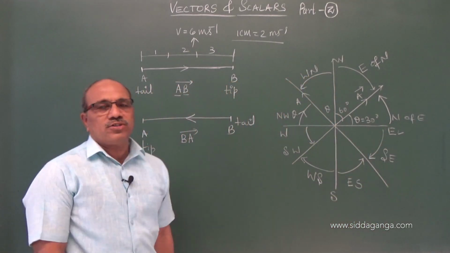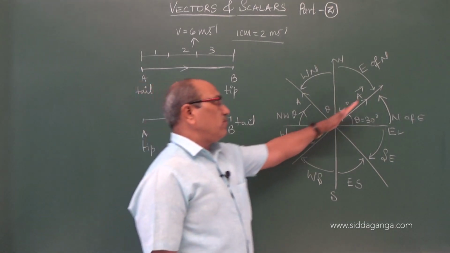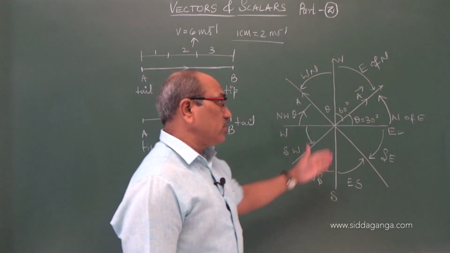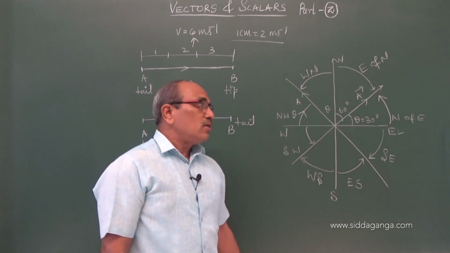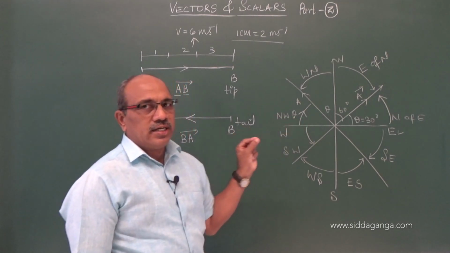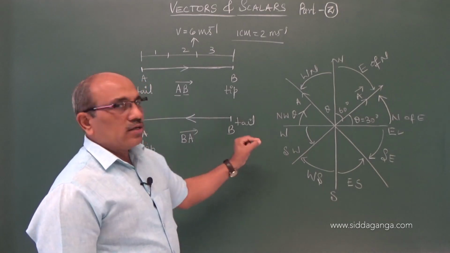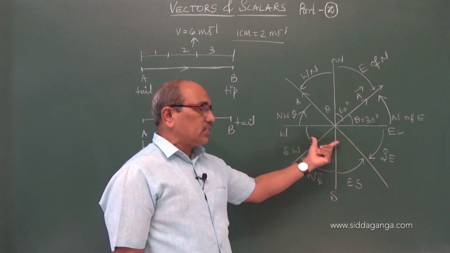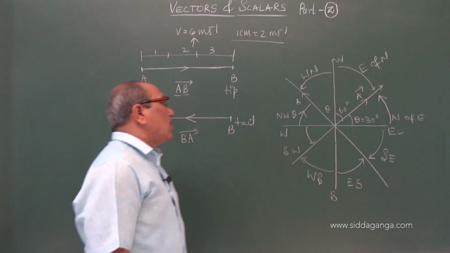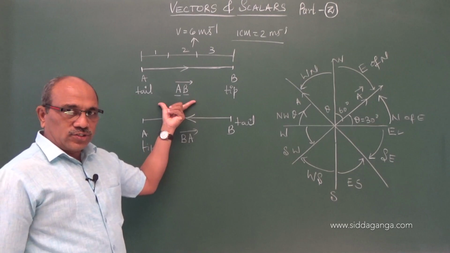Please remember that logic. We can fix the vector correctly when they use such words: north of east, east of north, south of west, west of south. The angle with the reference line is available. That's one way we can know the direction, even in the case of a graph like this. Otherwise they note it like this.